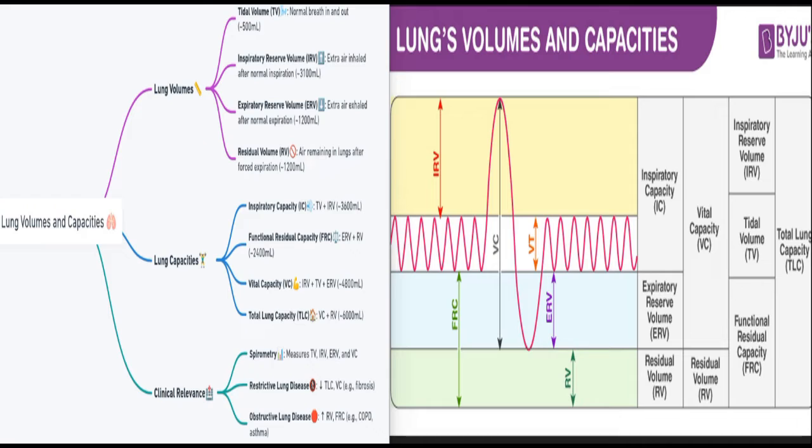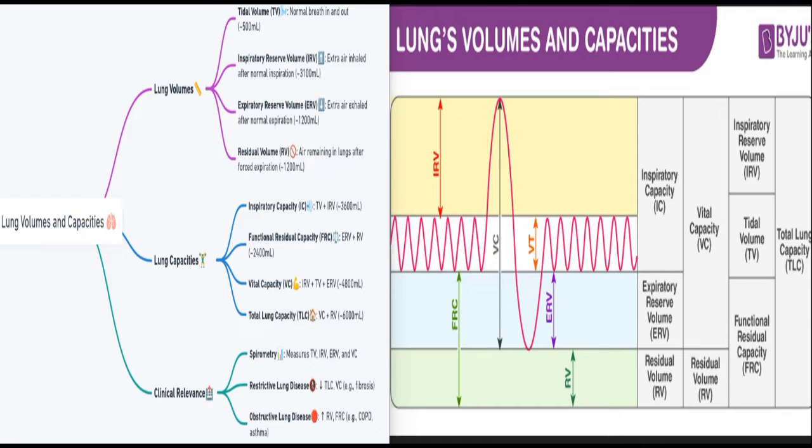Residual volume remains even after maximum expiration, and it keeps the alveoli inflated between the breaths and mixed with fresh air.